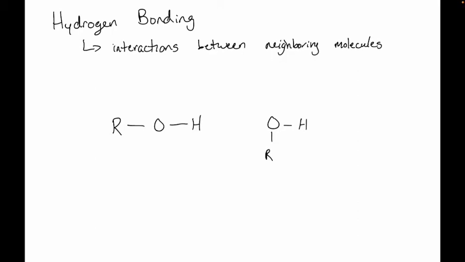Again, we have an oxygen that's partial negative and a hydrogen that's partial positive. When we're talking about hydrogen bonding, we're talking about the interactions between neighbors. So right here, the hydrogen of one molecule interacting with the oxygen of the other, that is our hydrogen bond.